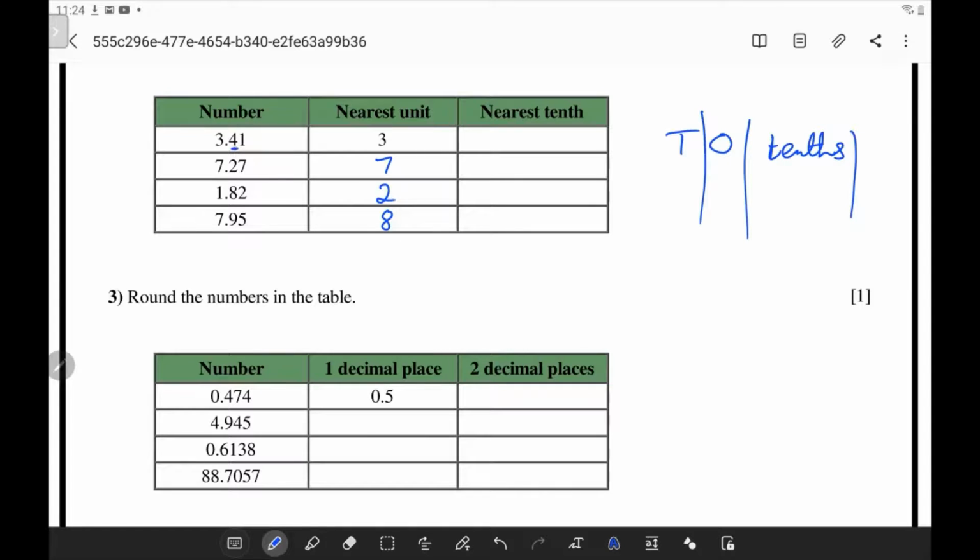All right, go ahead. What is 3.41 to the nearest tenth? 3.4. Fine. What about the next one? 7.2? 7.3. Right. Next one.